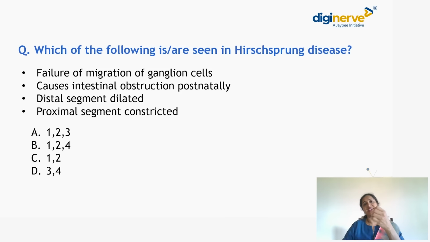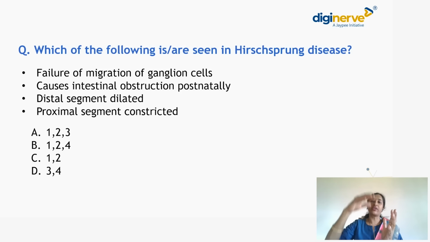By sheer logic and common sense, if something is going down each time and there is no peristalsis occurring in the distal segment, how will the distal segment be? The distal segment will be flattened or much constricted because it's not able to have any peristalsis. There is no colonic material to go down. What will happen to the proximal segment?